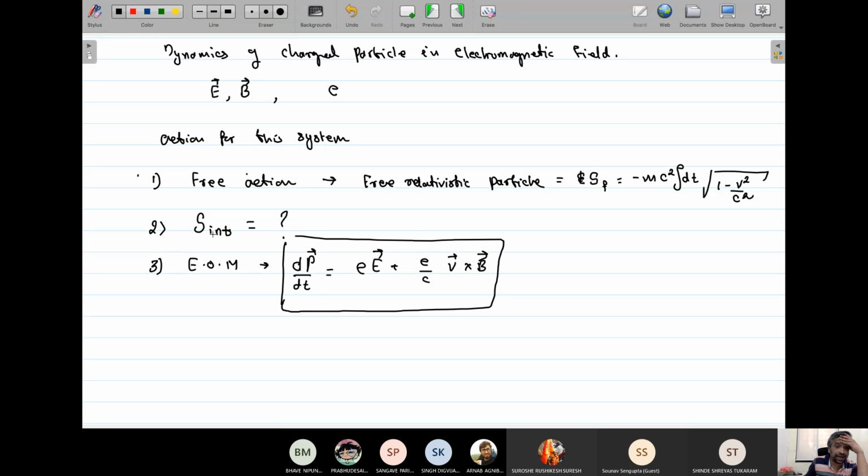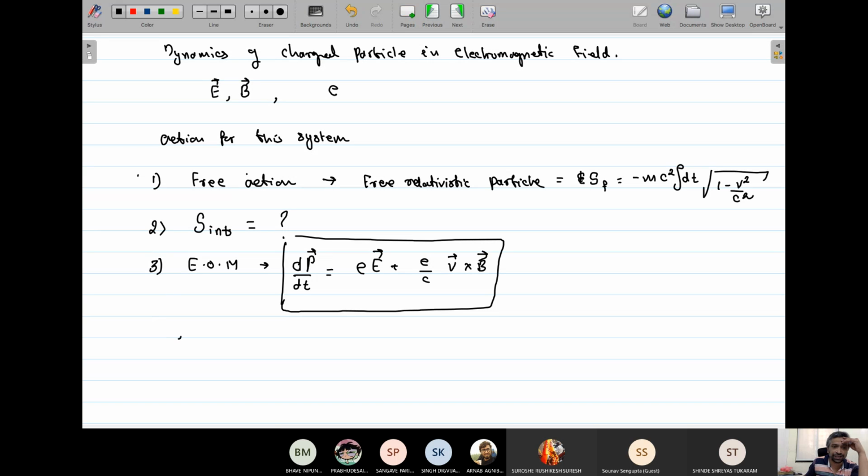Now my action should be relativistically invariant, and if I turn off the electromagnetic field, I should get back S_free. It tells you that the charge will not come as a multiplying factor to this. Because if I put the charge equal to 0, a chargeless particle, this part must survive. So whatever comes should be an addition to this.